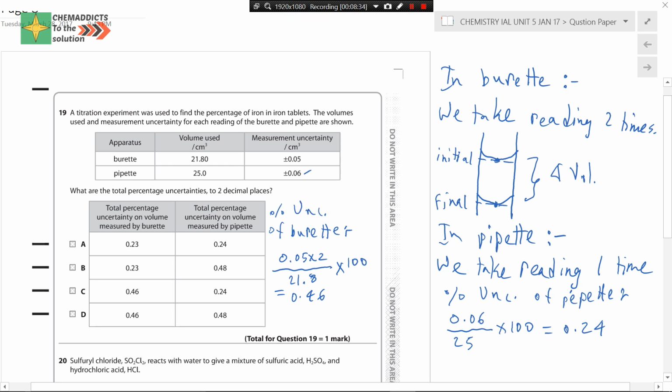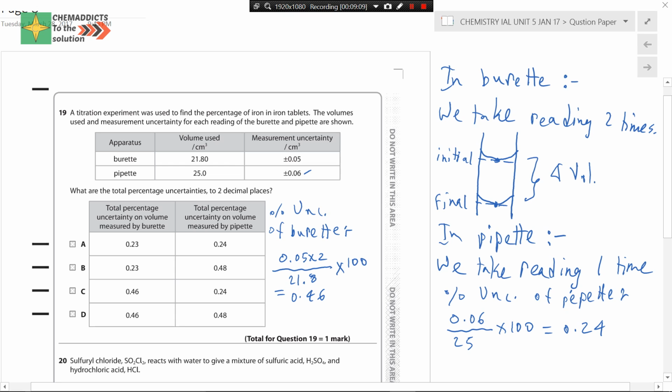Since we have a specific individual pipette that is measured, like a 25 cm cube pipette or 100 cm cube pipette, we take the reading one time, just the reading of that pipette. The whole pipette is 100 cm cube, or the whole pipette is 25 cm cube. That is why we take the reading one time.